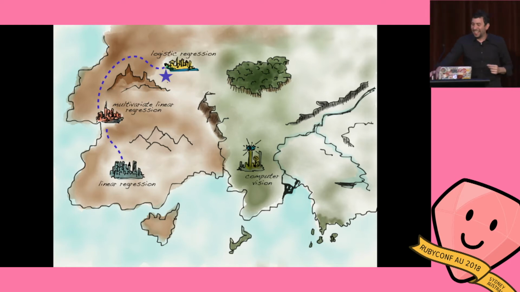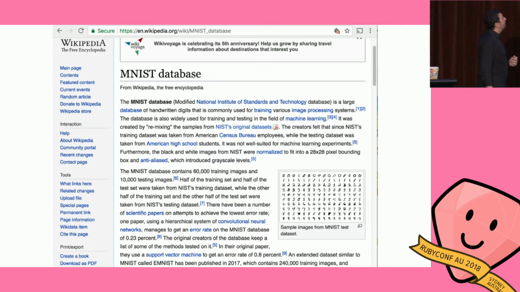So let's do that. Computer vision. This is a Wikipedia page describing the MNIST database, which is a standardized database of handwritten digits categorized for the specific purpose of being a benchmark for computer vision programs. If you ever meddled with machine learning, you probably used this. It's almost a cliche, but we like it because it's simple.